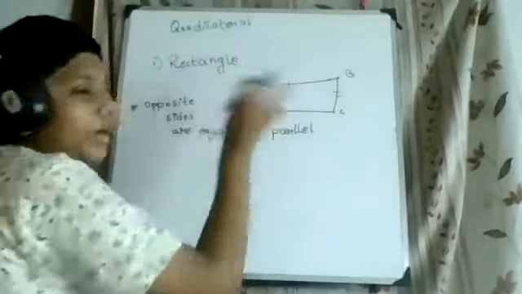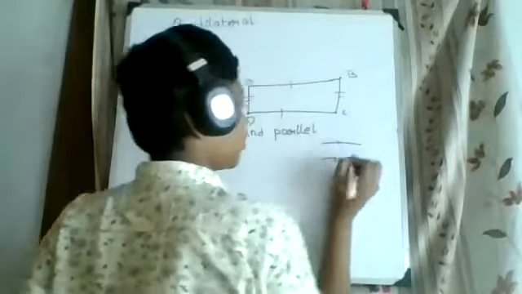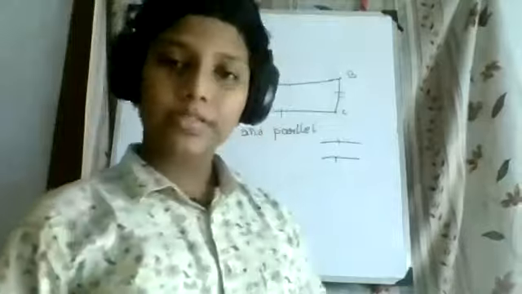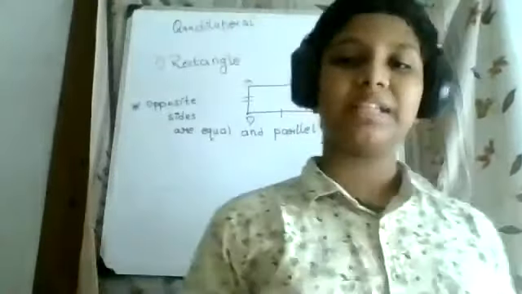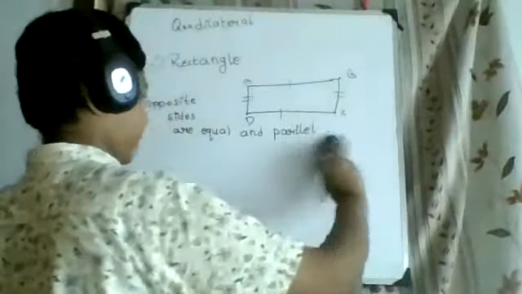Now don't take these two lines, then draw like this these two sides. Then these lines are parallel. We know parallel lines are lines which do not intersect at any point and the distance between them will be the same.